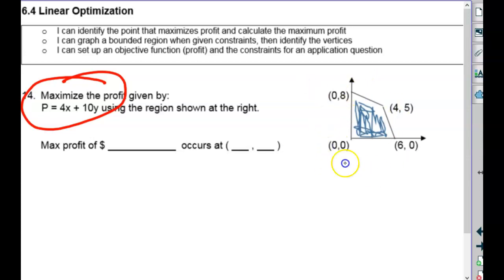So I just wrote them on my picture, I think, on my answer key. If I do 4 times 0 plus 10 times 8, this guy would be an 80. Over here, if I did 4 times 4 plus 10 times 5, what would that be, guys? 60.